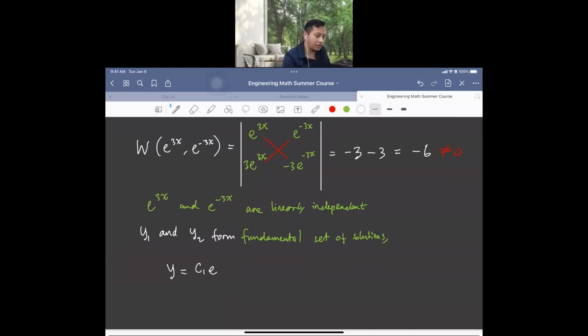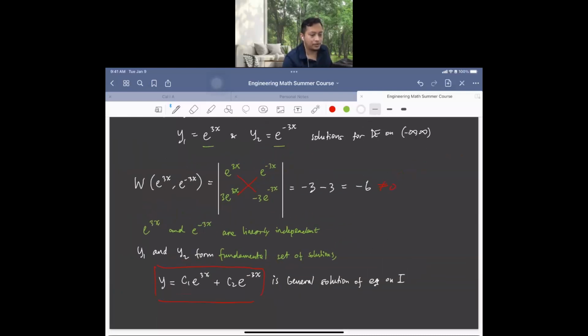And as an implication, we have y = c1 e^(3x) + c2 e^(-3x). This becomes the general solution of the equation on the interval.